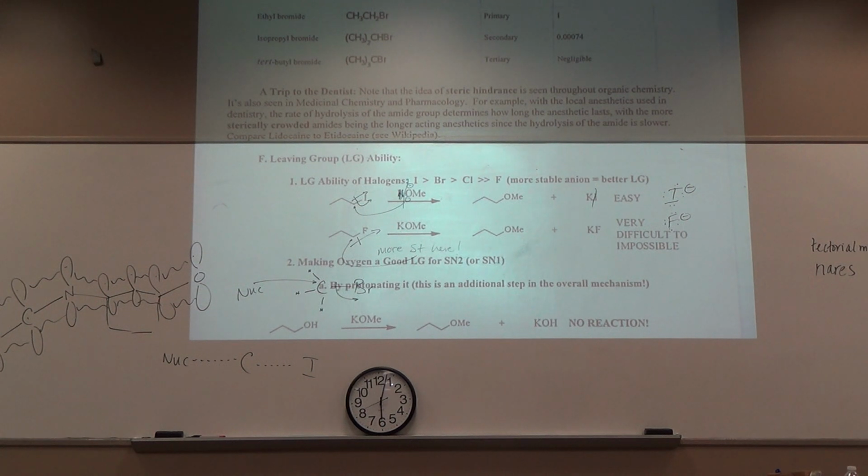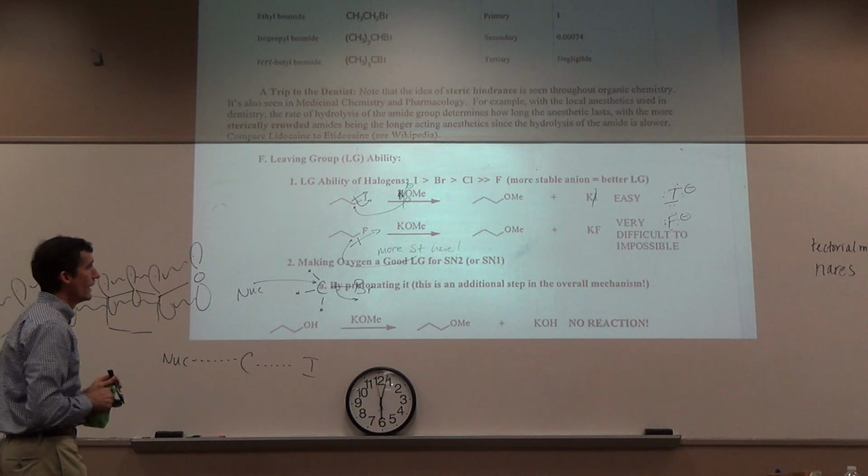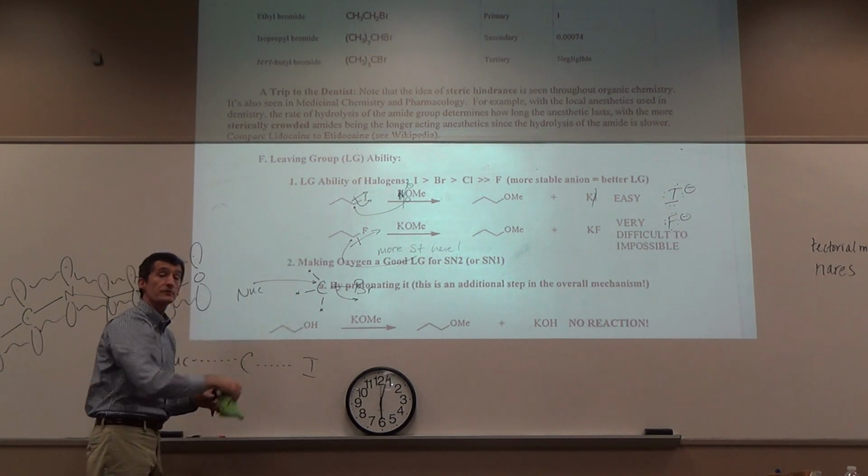If you look at some reading, iodine is more polarizable. The electrons can sort of stay there a little bit longer. I can't give you a clear explanation, but it's something about the size of the iodine that also makes the breaking of the bond a little bit easier. We'll look at it and read about the real theory of it. In the end, what's your better halogen for leaving group?